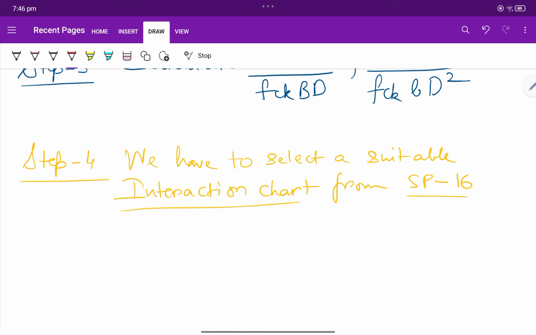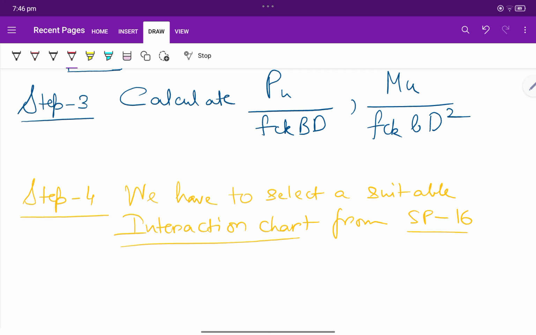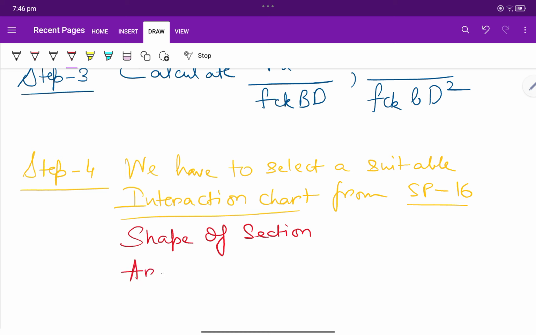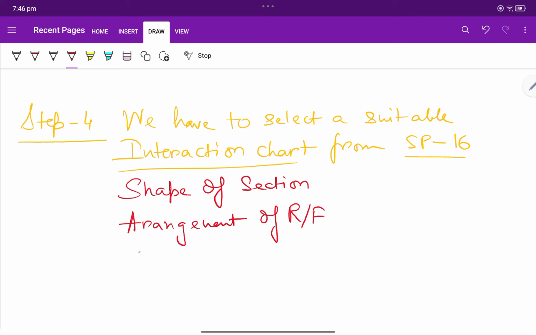See, for this interaction chart we need the shape of the section, arrangement of reinforcement, grade of steel, and the most important thing is the d dash by capital D ratio.